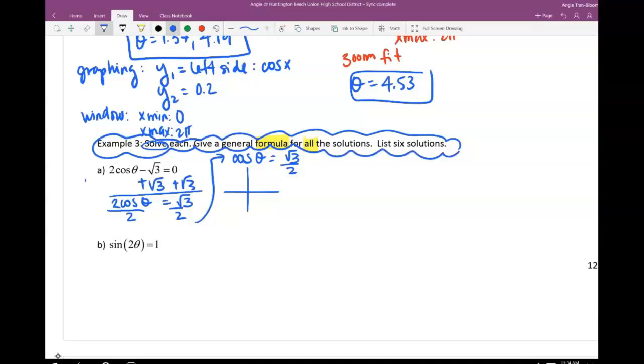Okay. So cosine is going to be positive in here and here. So now you're going to give me the angle. There are 2 of them. Can you take a minute and tell me what this one is? What angle is that? Did you say pi over 6?